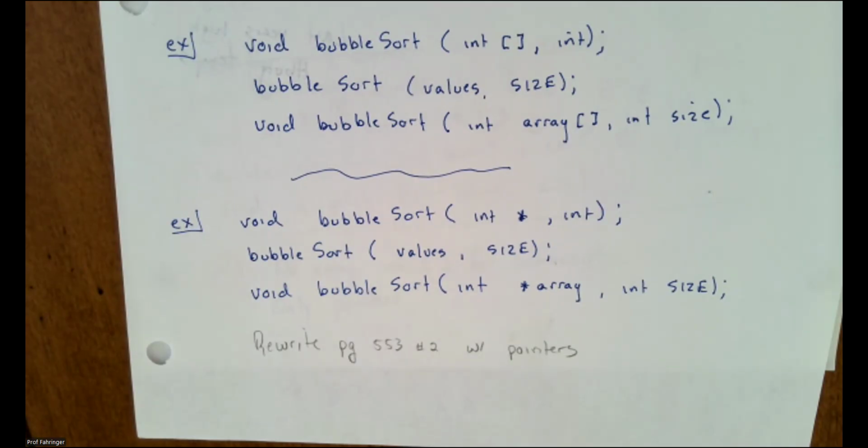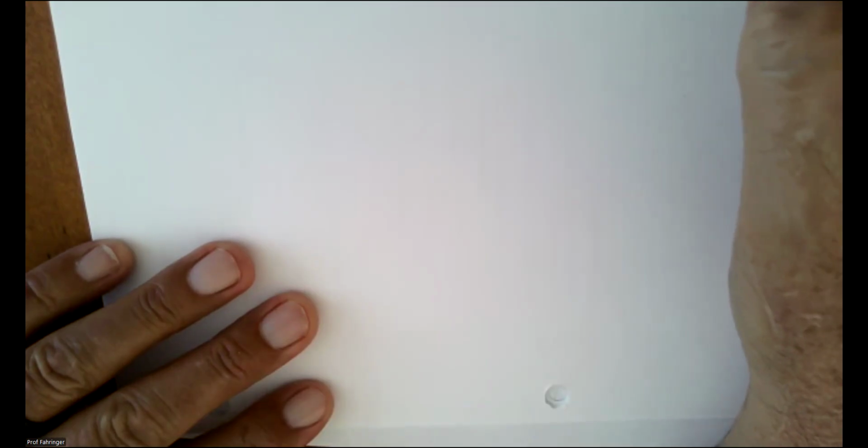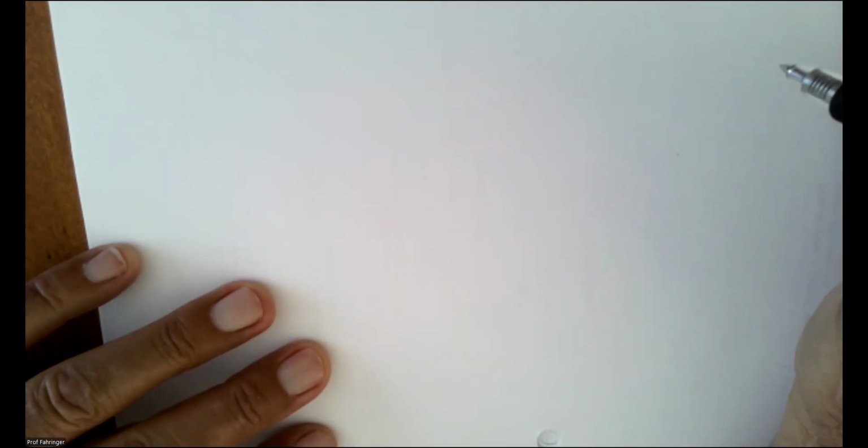Are there any questions? Oh, so what are pointers useful for? In your next class, you're going to say, I want to store a bunch of numbers, but I don't know how many there are. How big of an array will I need?